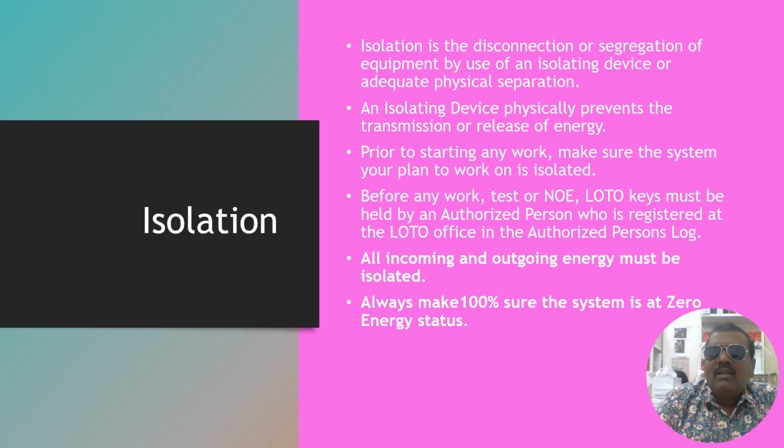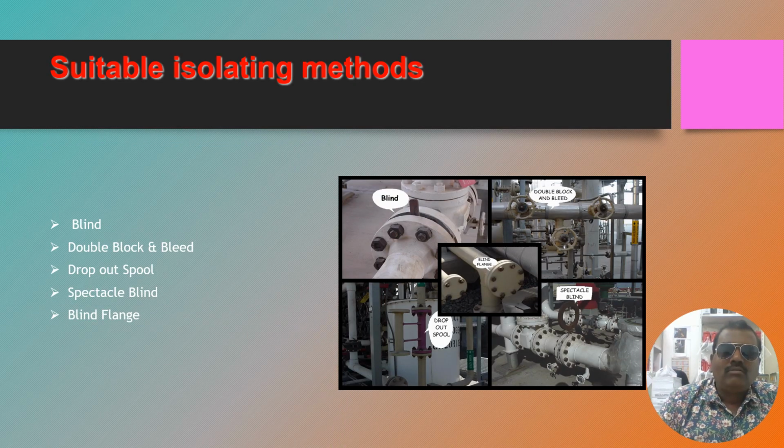These are a few conditions, or you can use your multimeter to check the voltage. Or if it is a pipeline, you can check the drains or the vent lines. These are a few examples to be 100% sure that the system is at zero energy.